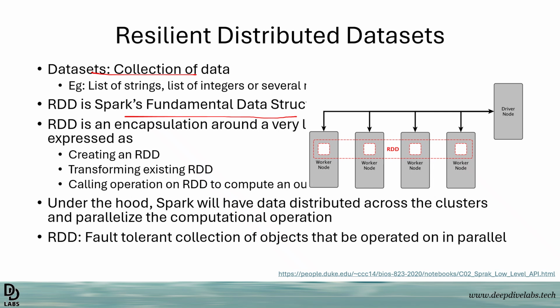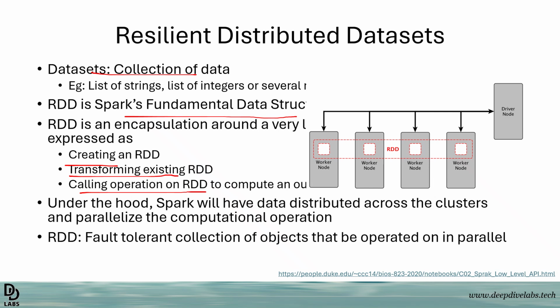What is special about RDD is that it's an encapsulation around a very large dataset. So Spark can distribute it across multiple worker nodes. Most of the tasks that we do in Spark will be about creating an RDD, transforming an existing RDD, or calling an operation on an RDD to compute an output.